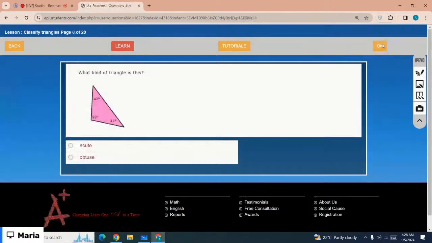What kind of triangle is it? Acute or obtuse, which is the correct option? Yes, that is the obtuse triangle.